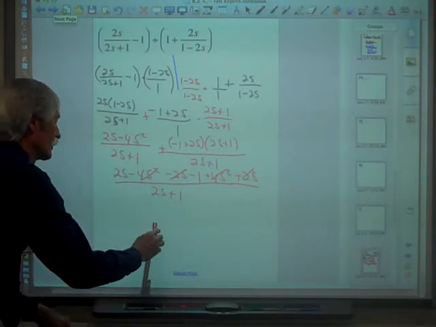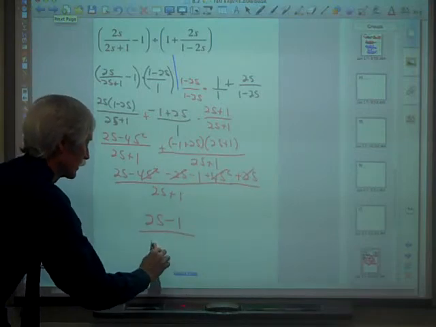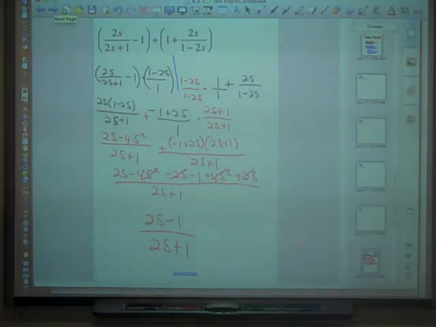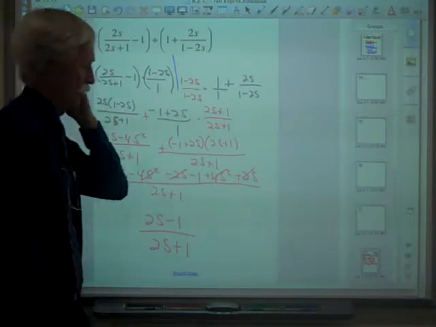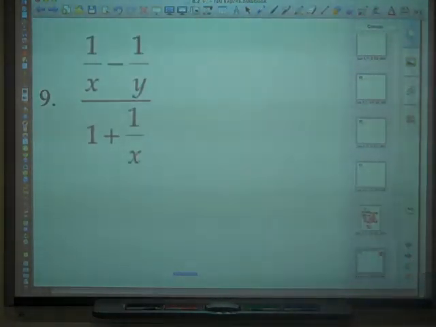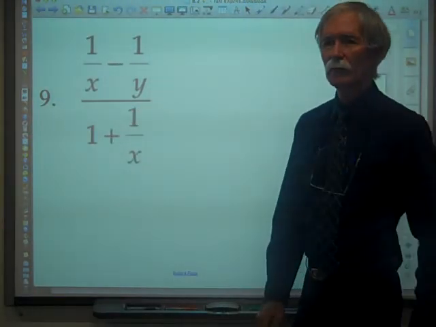What's left is 2s minus 1 and 2s plus 1. What about this one?